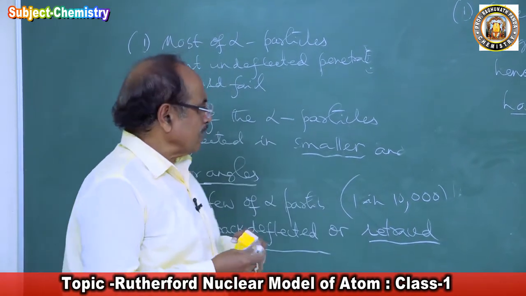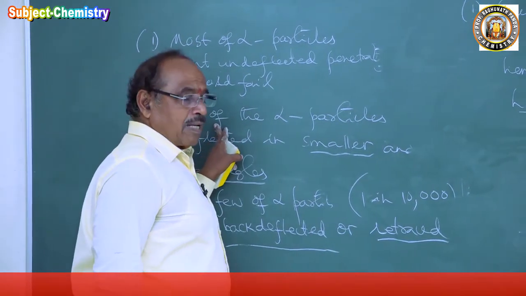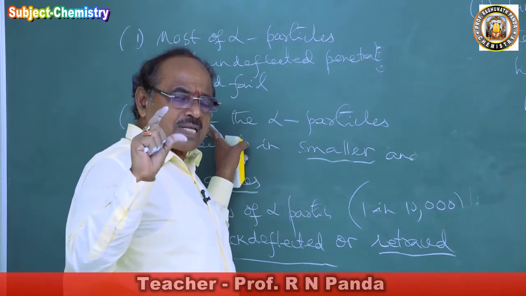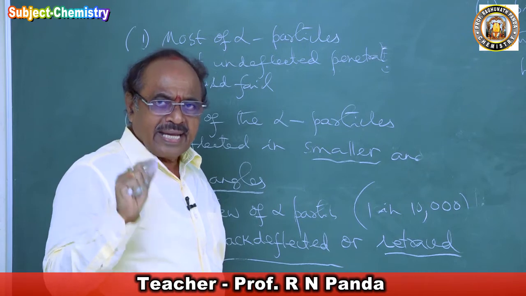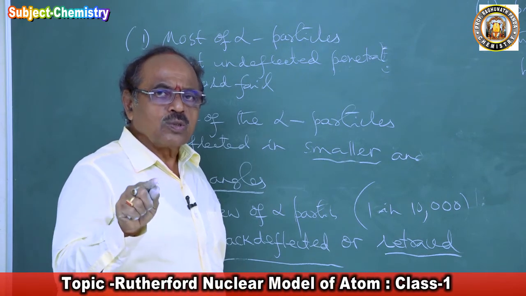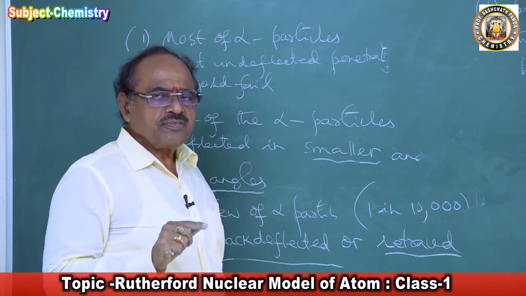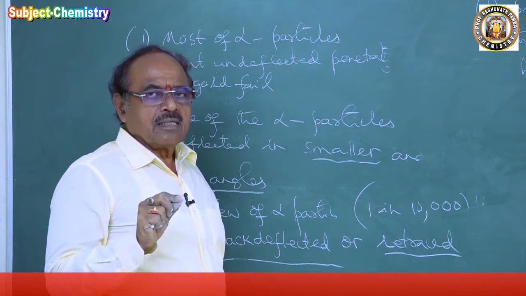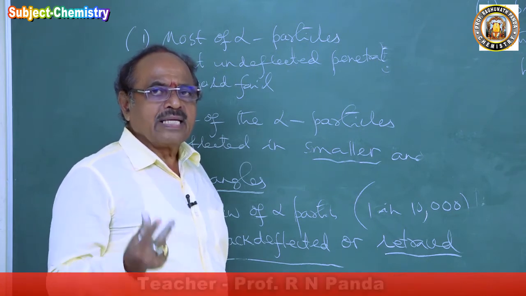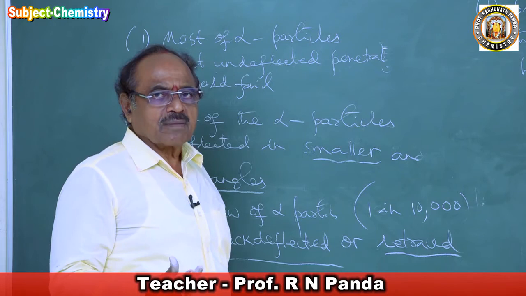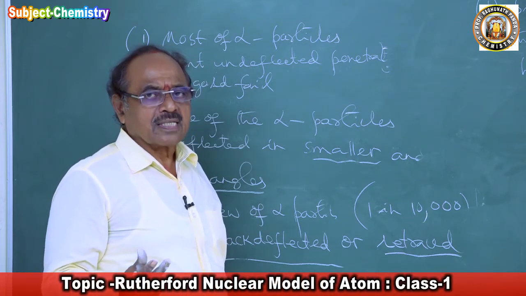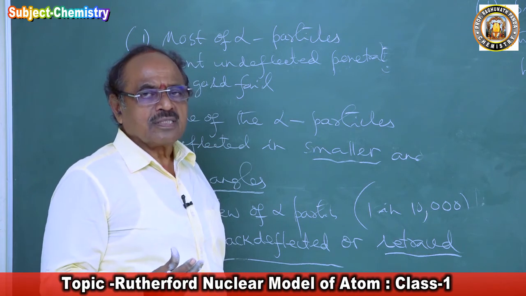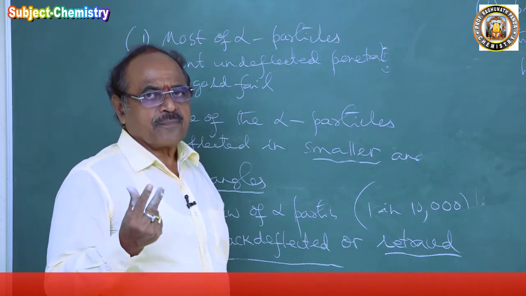Not all the alpha particles, only very few, those that come to close proximity of the positively charged body present inside the atom, are deflected because of mutual repulsion.